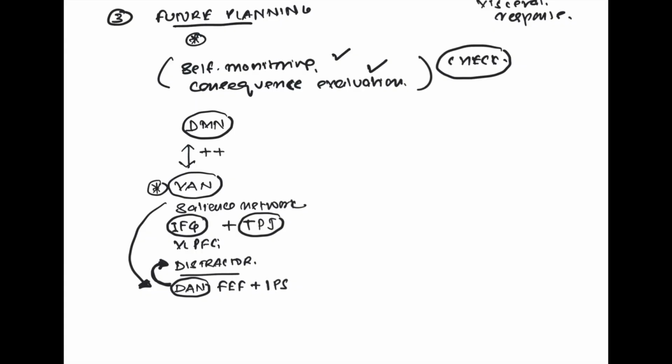That means that the ventral attention network is now going to focus on the immediate external stimulus. And the immediate external stimulus is this exciting idea that the patient received about 10 minutes back. And the default mode network also shows an increased functional connection with your salience network, especially your limbic network.